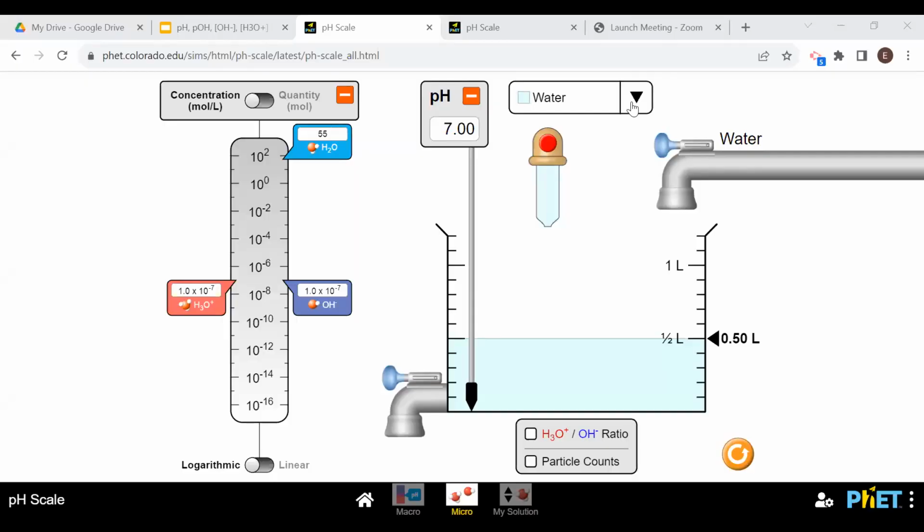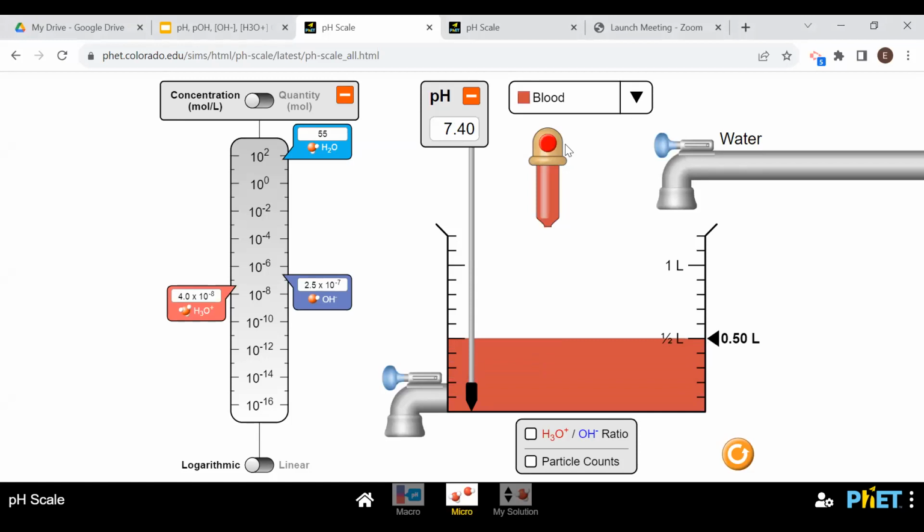Let's look at blood. Blood has this hydroxide ion concentration and hydronium ion concentration. So you find out that using the formula Kw, which is equal to hydronium ion concentration times hydroxide ion concentration, you get 1.0 times 10 to negative 14.